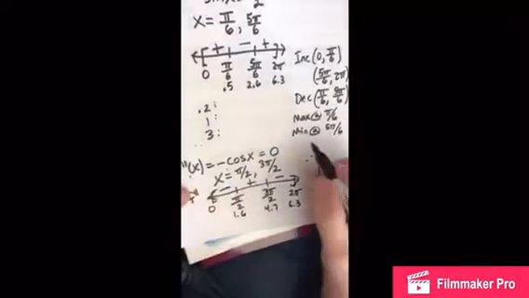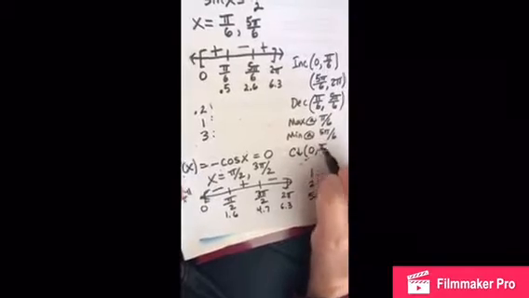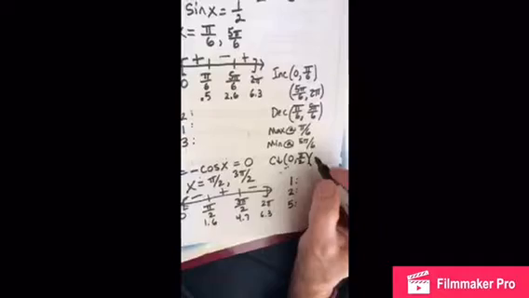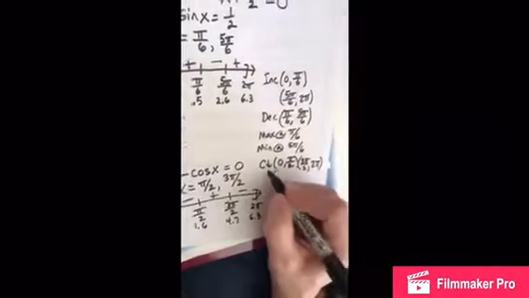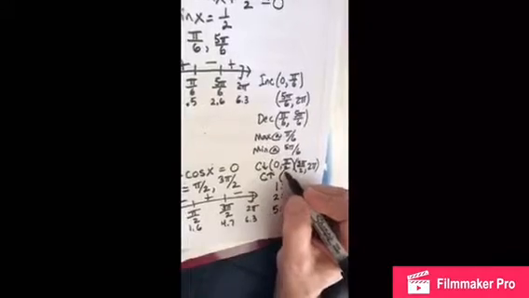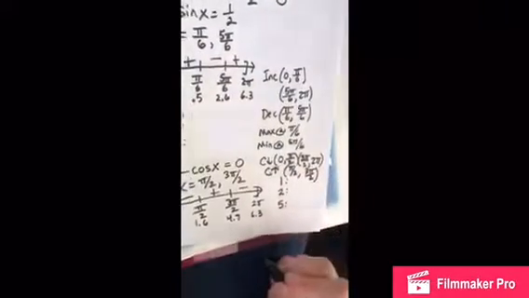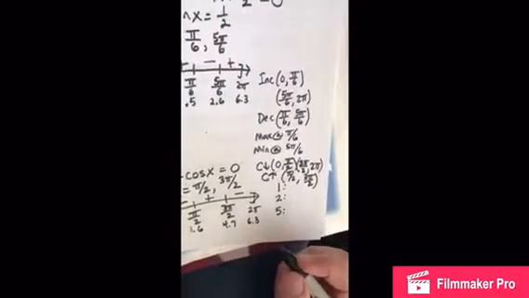So it's going to be concave down from 0 to pi over 2, concave down also from 3 pi over 2 to 2 pi, and it's going to be concave up from pi over 2 to 3 pi over 2. There's a point of inflection at pi over 2 and at 3 pi over 2.